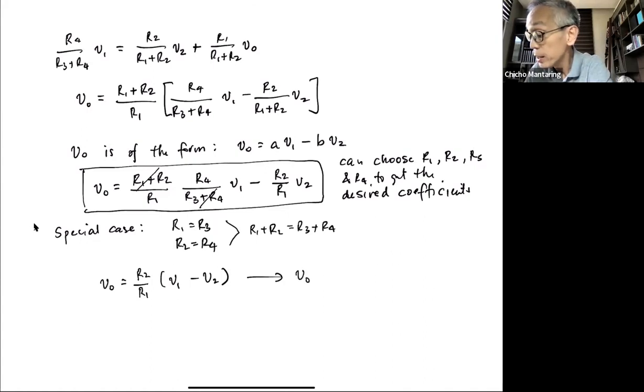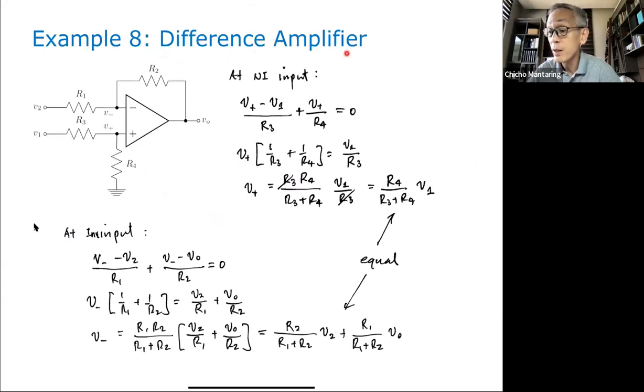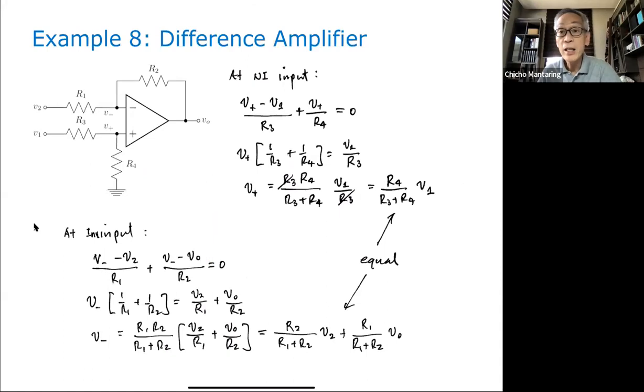V sub O is a function of V1 minus V2. That's why you call it a difference amplifier. Because the output is proportional to V1 minus V2, of course, under these conditions. Okay. The difference amplifier has many useful applications.